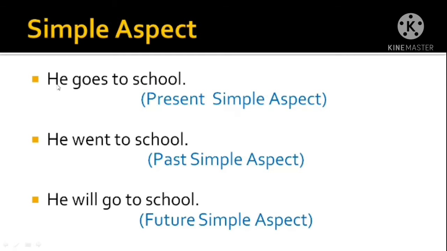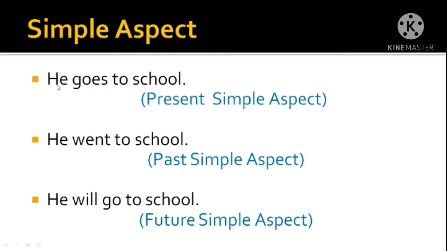And this is the past simple aspect, mind it well. Is it a progressive aspect? Is it a perfective aspect? No. It is a simple aspect. But since the V2 is used, it will be called past simple aspect.